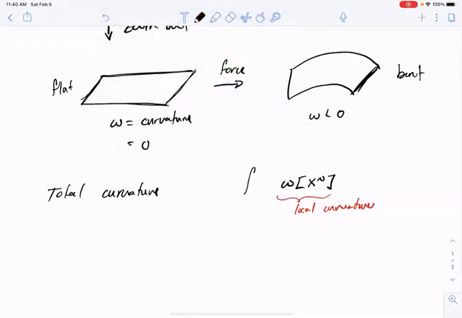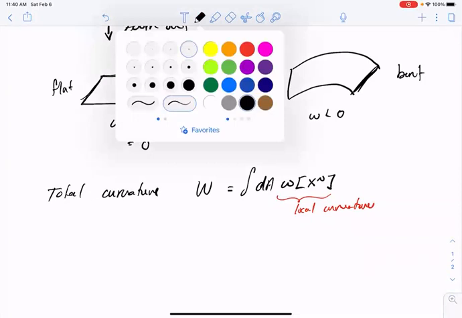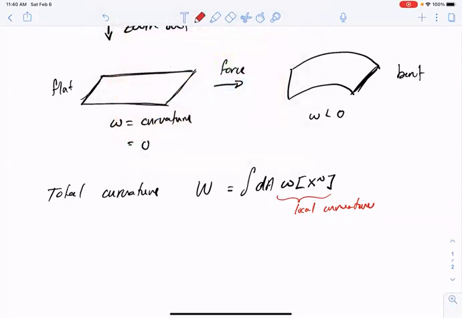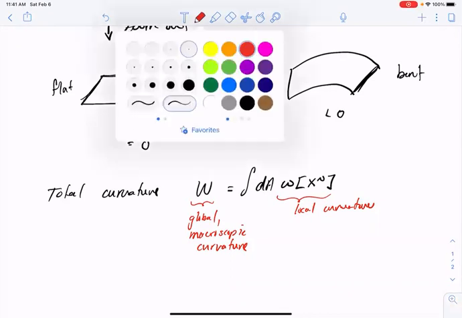And if we integrate it over the whole area of the membrane, we could arrive at some global, or macroscopic curvature. In which case, really what I mean by these sorts of drawings is that this is W.